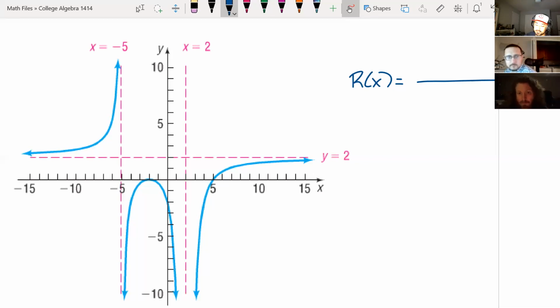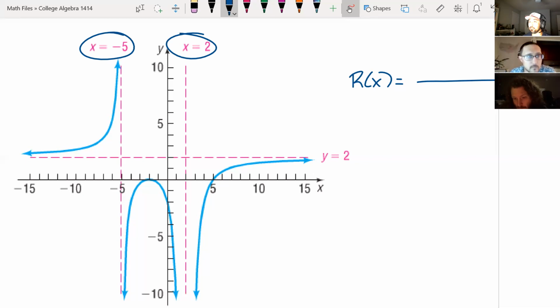There you go. So remember, vertical asymptotes come from your denominator. So how would I put these back into factored form? What would I write? x plus 5 times x minus 2. There you go.